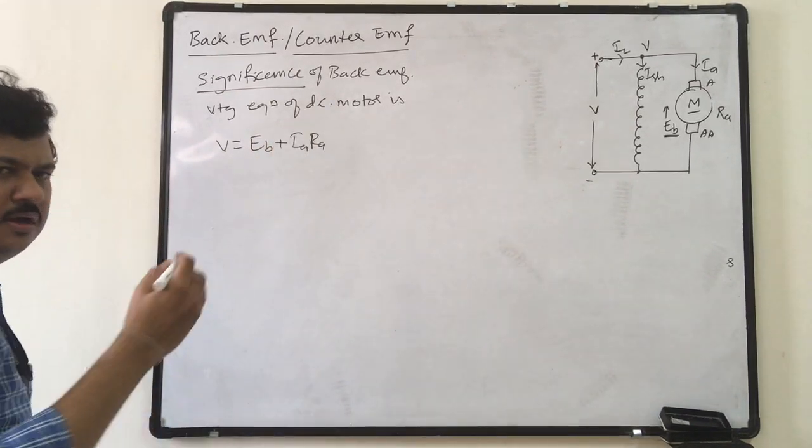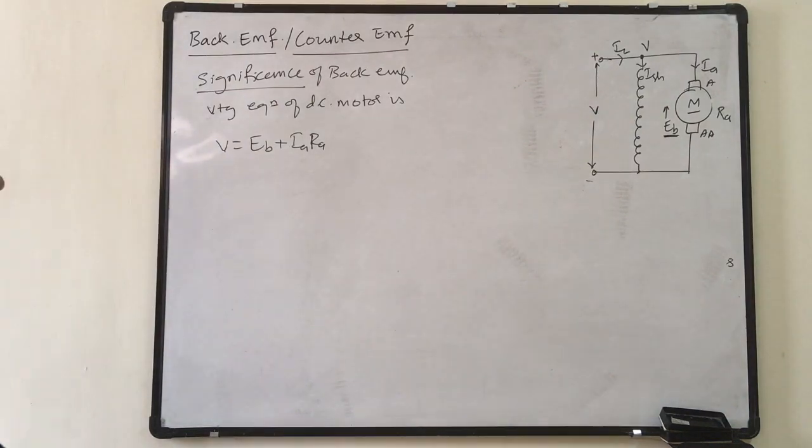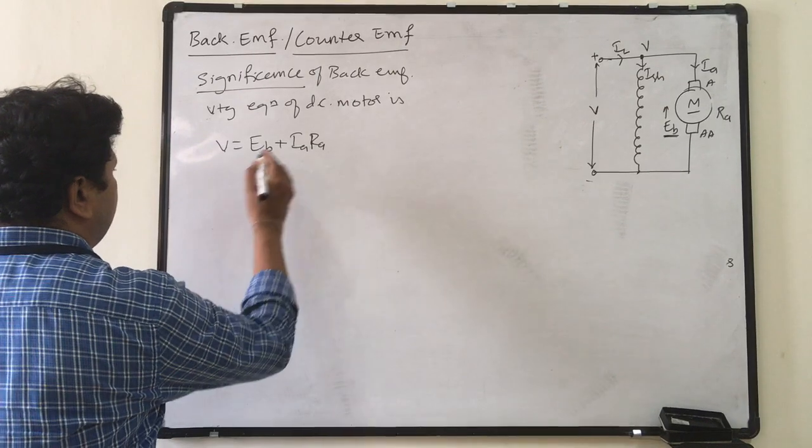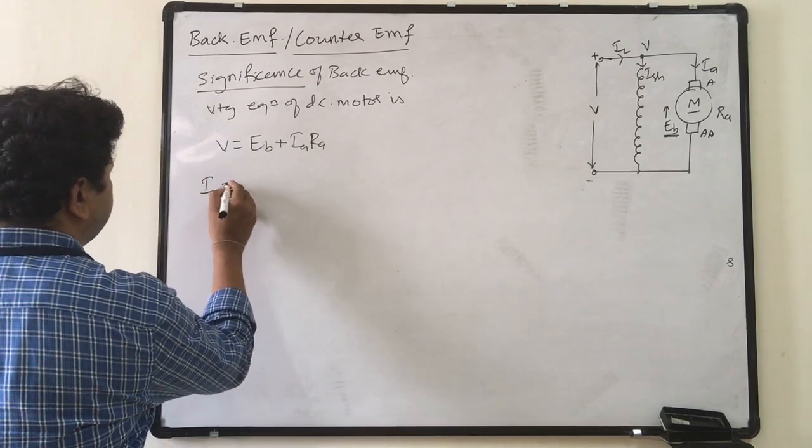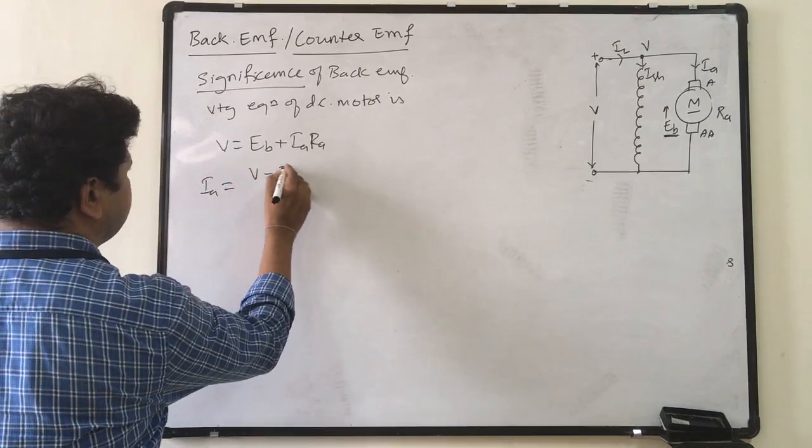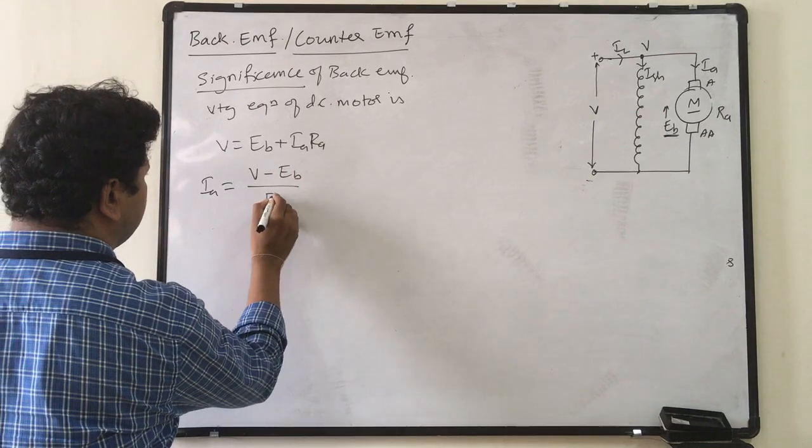Momentarily, I will neglect armature reaction and brush contact drops. V is equal to EB plus IaRa. Now, what is Ia equal to? It is (V minus Eb) divided by Ra.